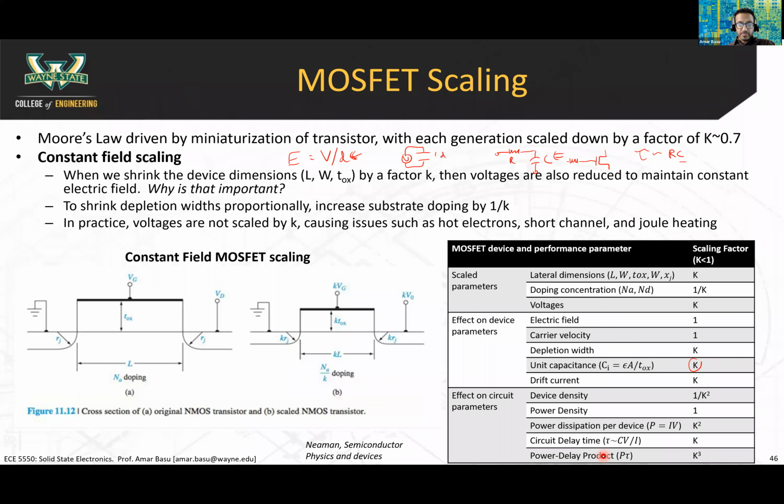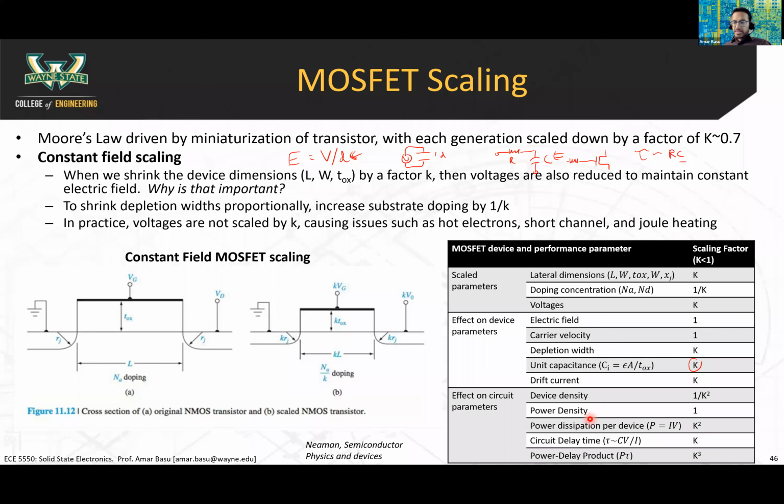So the fact that this is going down by K to the power of 3, remember K is less than 1, so this number gets smaller and smaller the lower you go below 1. That is one of the reasons. The power delay product going by K cubed is one of the reasons why our transistors consume less power and become faster.